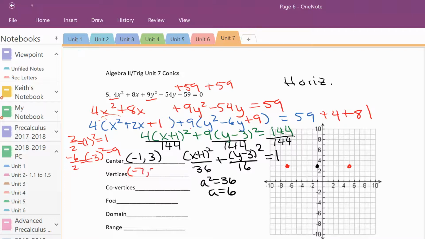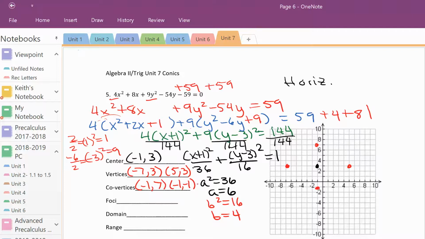So -7, 3 and 5, 3. And for b, I'm going to go up and down 4. So I'm going to go to 7, and down 4, which is -1. The x stays the same, but the y changes by 4 up and down.